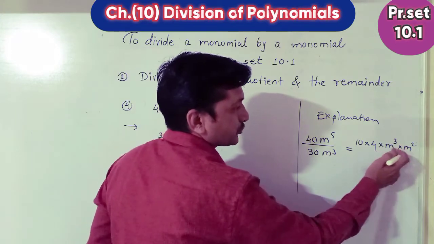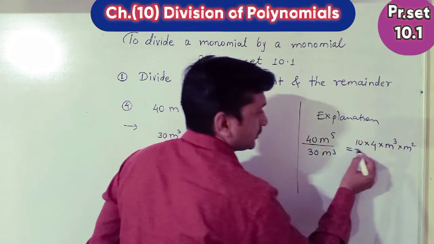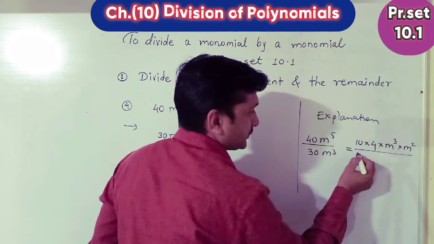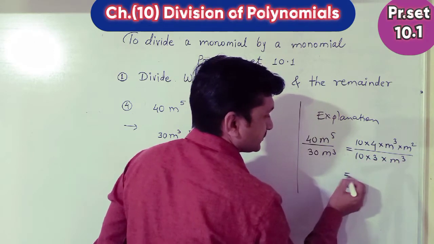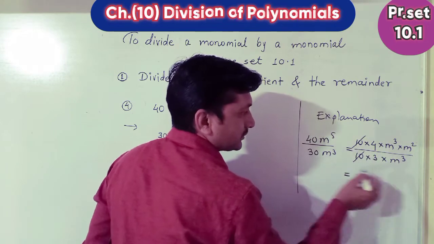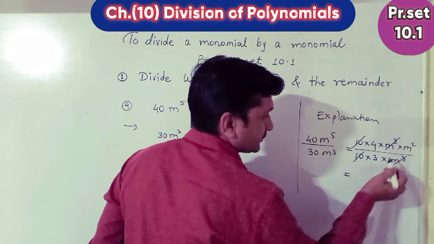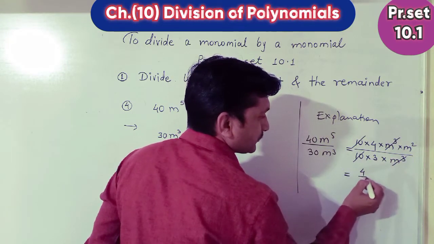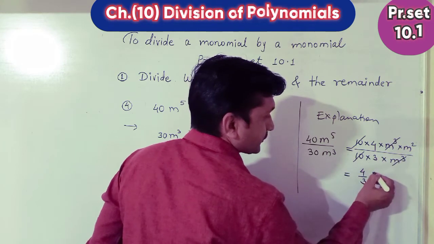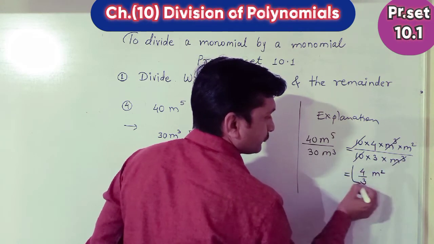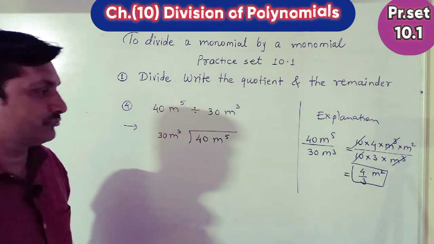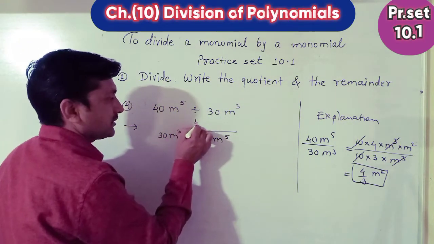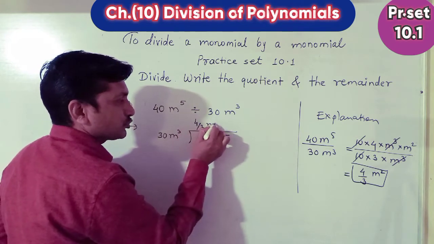Upon factors of 30, 10 3s are 30, m cube as it is, that will cancel. Now cancel like terms, 10 cancel, m cube cancel, what is left now? 4 upon 3 m square. Okay, 4 upon 3 m square.